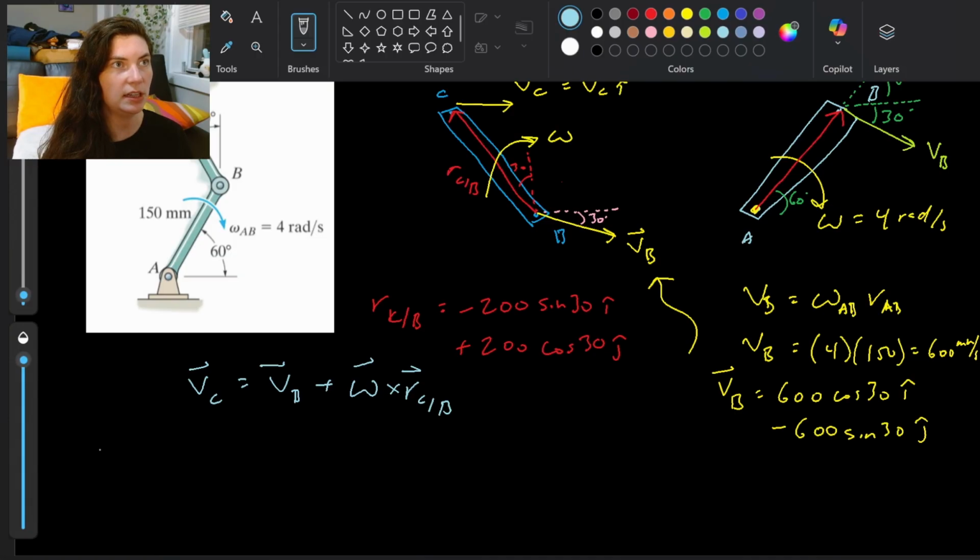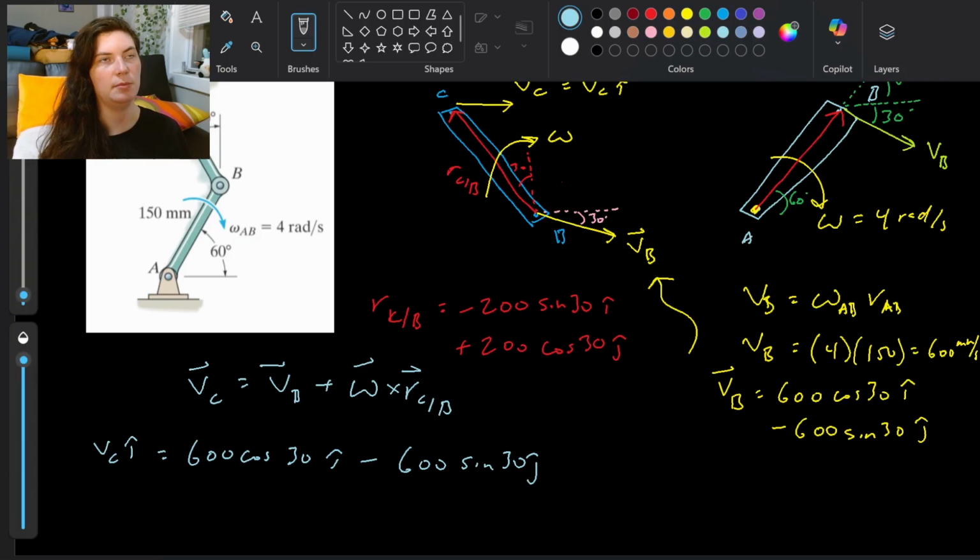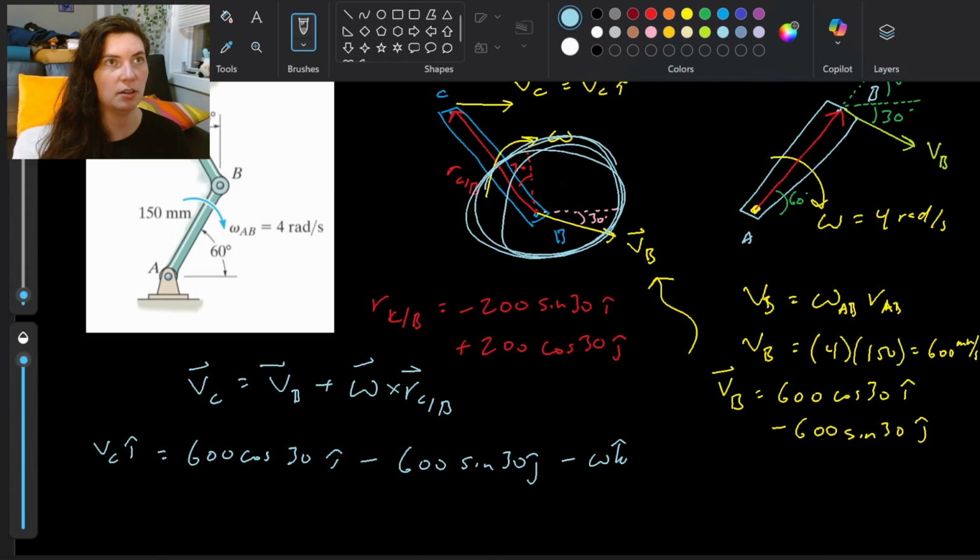So I've got VC, I know that's VC i hat, equals VB, 600 cosine 30 i hat minus 600 sine 30 j hat. And then I've got omega, and it looks like omega this time is a negative omega k hat. It's in the negative direction because it's going in a clockwise fashion around B. Clockwise around B, that's causing a negative k.